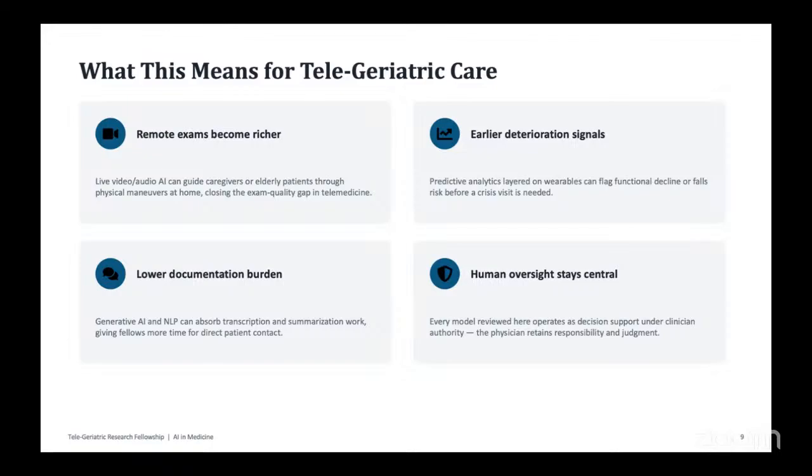And fourth, the one I want to underline most strongly: human oversight stays absolutely central through all of this. Every system I have described today is built and marketed as decision support, operating under clinician authority. The physician retains the responsibility, retains judgment, and retains the final word.